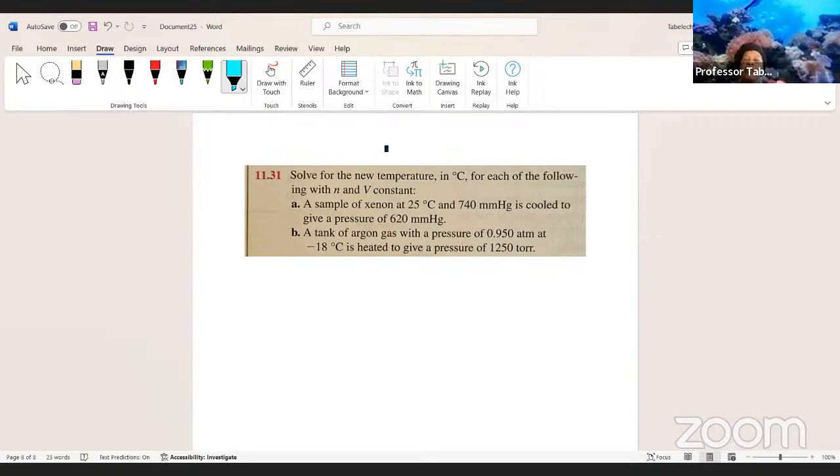It says a sample of xenon at 25 degrees Celsius and 740 millimeters of mercury is cooled to give a pressure of 620 millimeters of mercury. They want the new temperature in degrees Celsius. So again, we're going to write out what was given.